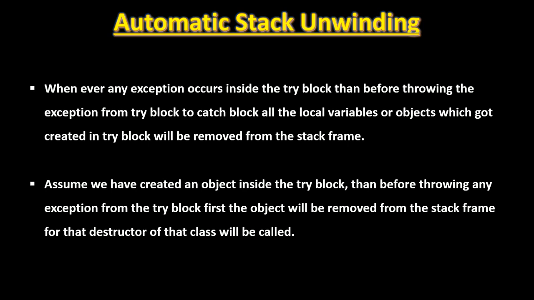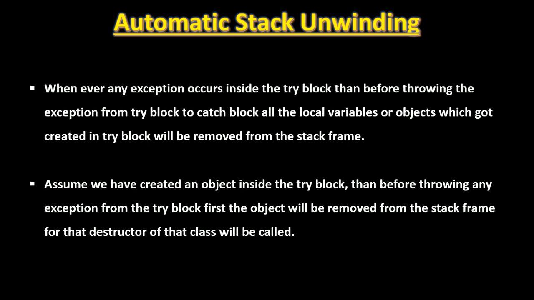Now, what do you mean by automatic stack unwinding with respect to exception handling? For example, you have suspected some code, one or two lines, that might throw a runtime exception or runtime error.